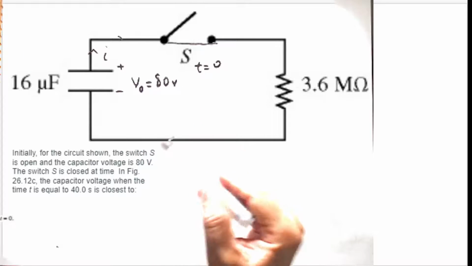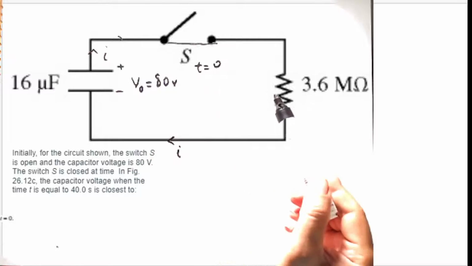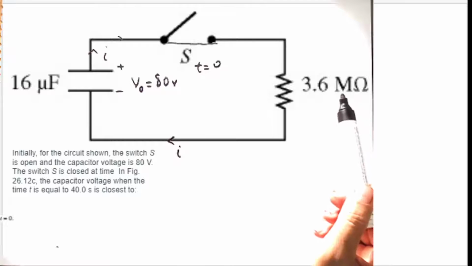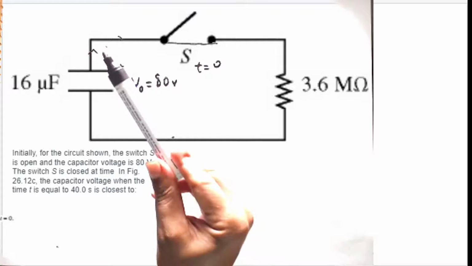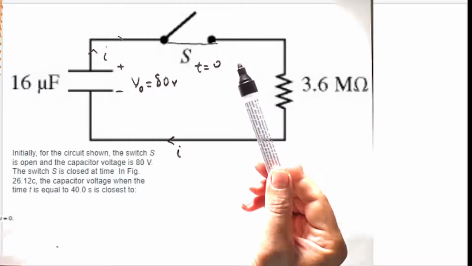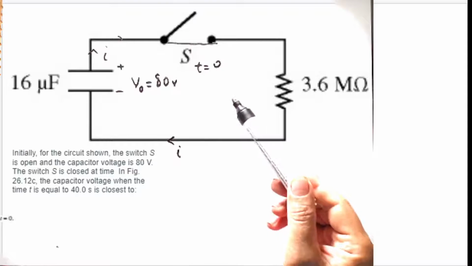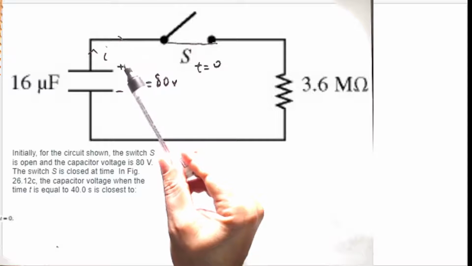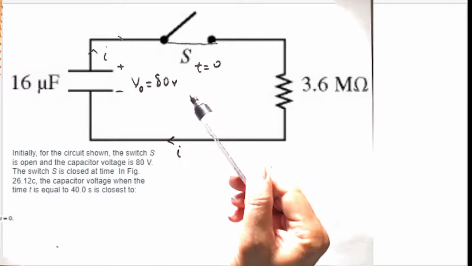You can view the capacitor as an 80 volt battery connected to a 3.6 mega ohm resistor. So at t equals 0, this current is going to be at its maximum value, because it has the maximum voltage. As time goes on, the charges on the plates of the capacitor will decrease.